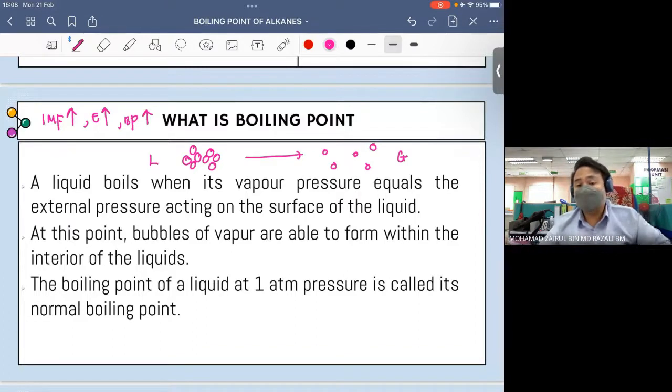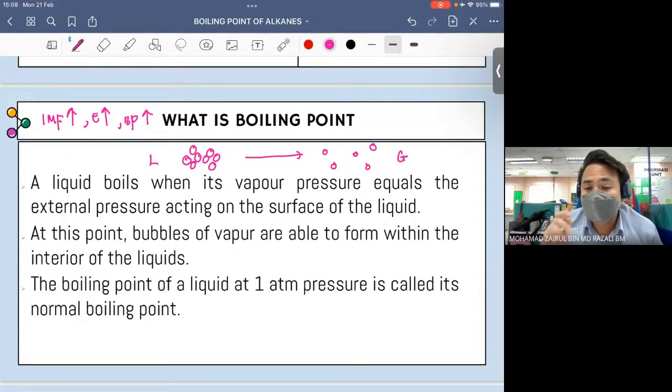Itu bermaksud the value of the boiling point reflect the strength of the intermolecular forces. The higher the boiling point, that means the intermolecular forces between the molecule is also stronger. The lower the boiling point, the intermolecular forces are weaker.